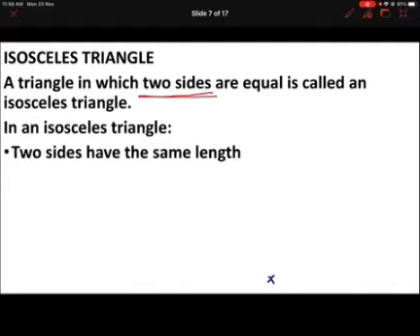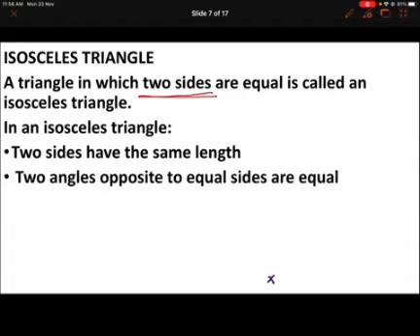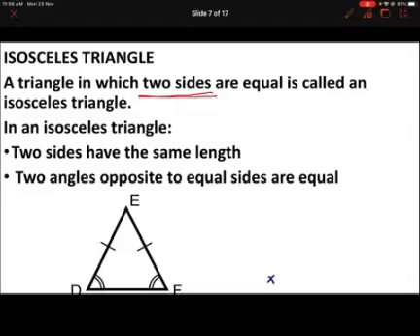In an isosceles triangle, 2 sides have the same length. I hope you agree. Any 2 sides, children. And 2 angles opposite to equal sides are equal. What we mean by that is, now here you can clearly see ED is equal to EF. These 2 sides are marked by a single stroke.